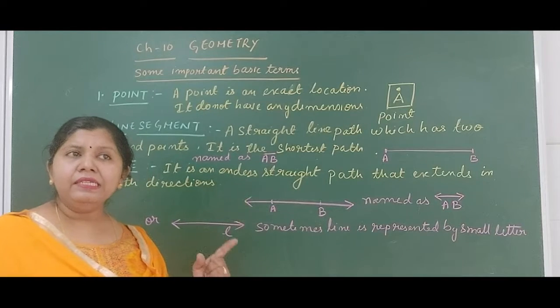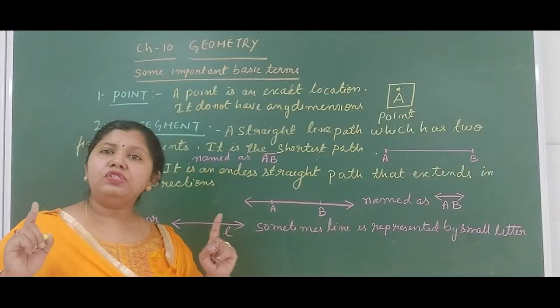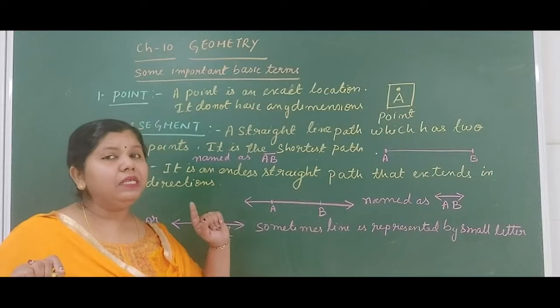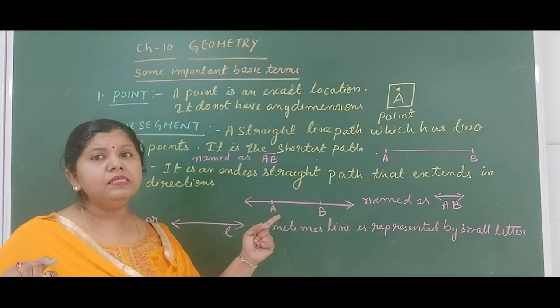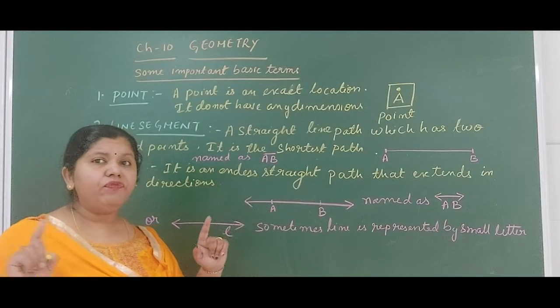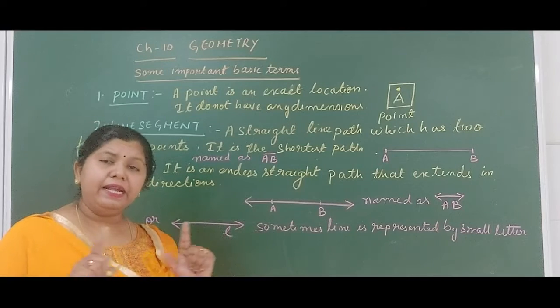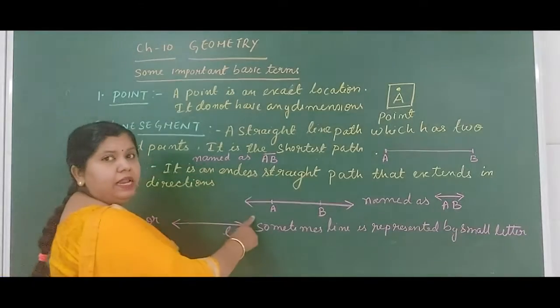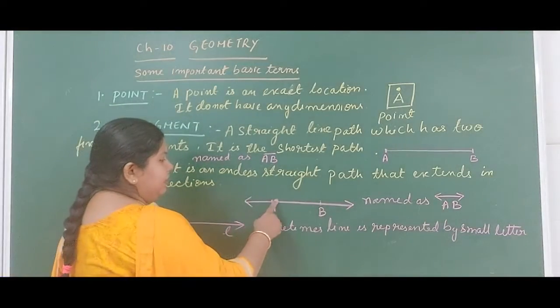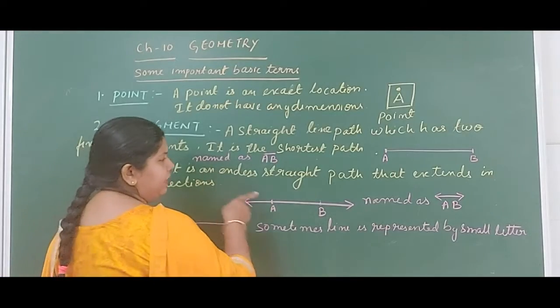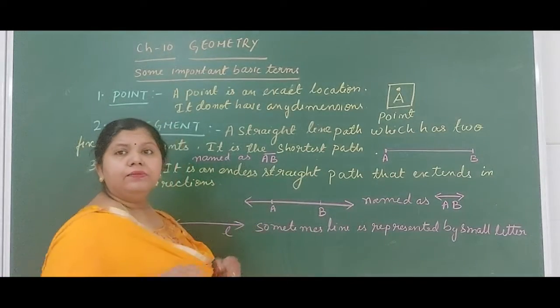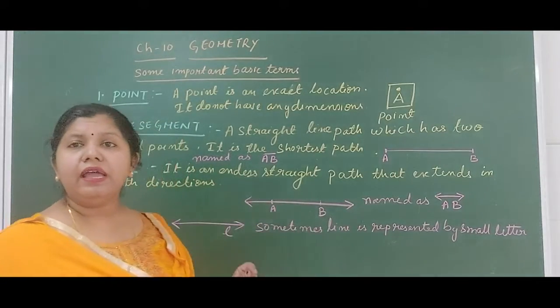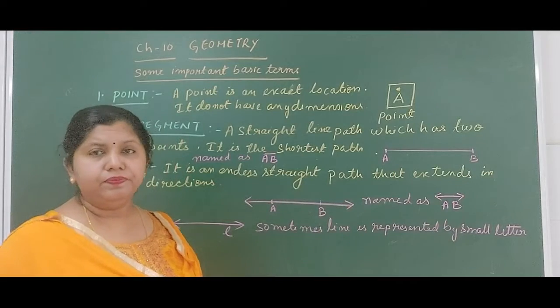But a line segment has two fixed points, whereas in the case of a line there is no fixed point. It will extend endlessly in both directions. For example, I have this line AB. It is extending towards the left and it can extend towards the right infinitely. It does not have any fixed limit.